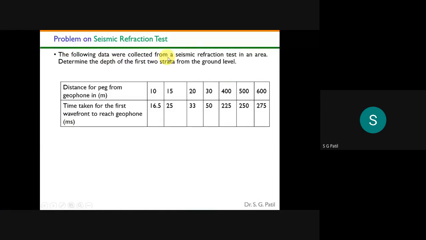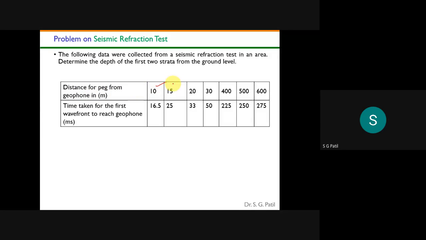The following data were collected from the seismic refraction test in an area. Determine the depth of the first two strata from the ground level. These are the distances of the peg from the geophone.